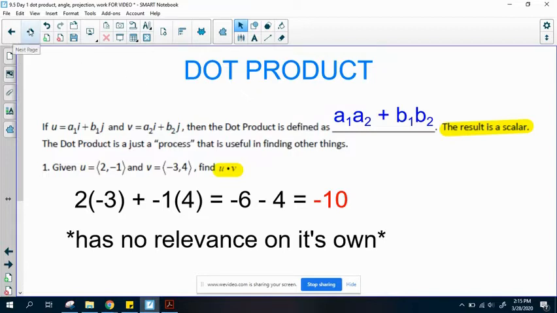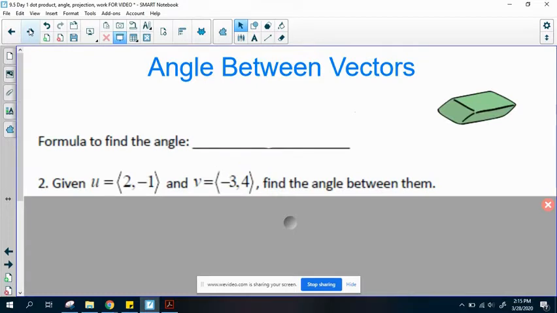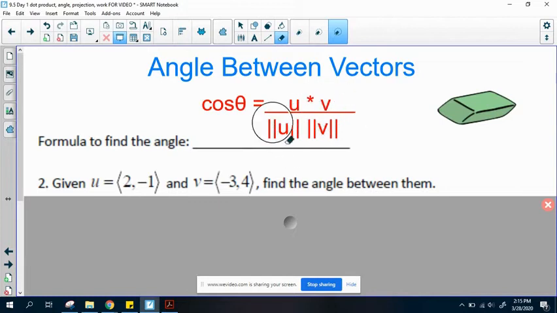One of the things the dot product is useful for is the formula for finding the angle between two vectors. The formula is: cosine of theta is equal to u dot v over the magnitude of u times the magnitude of v. Remember, these double bars mean magnitude.